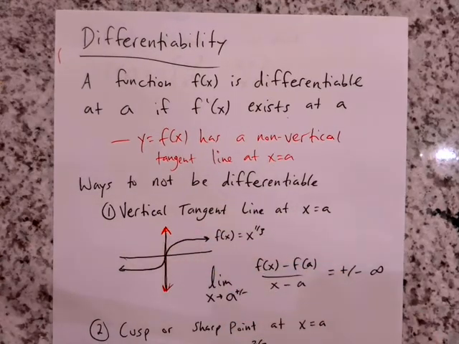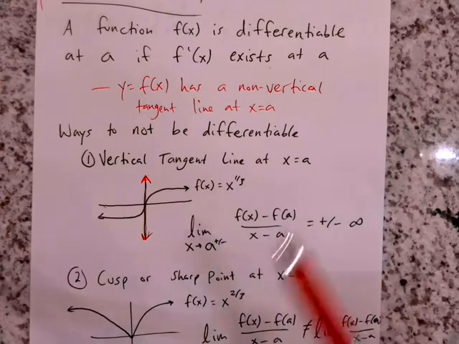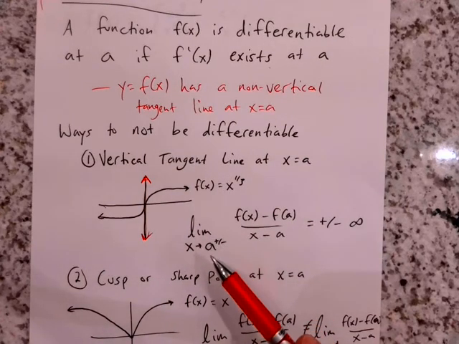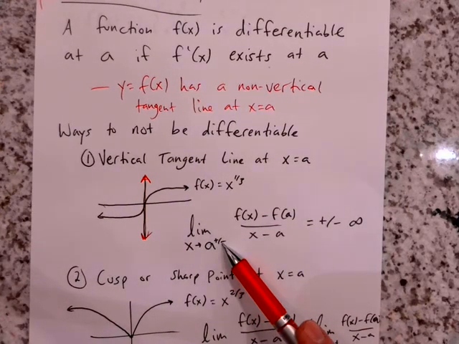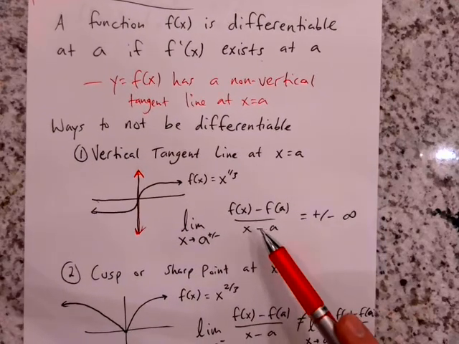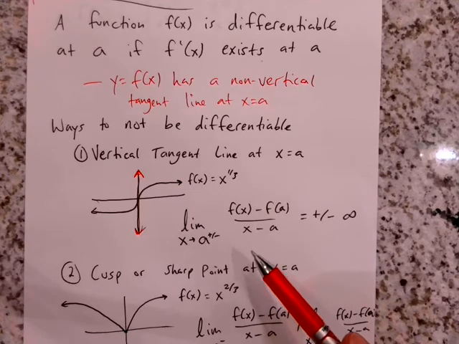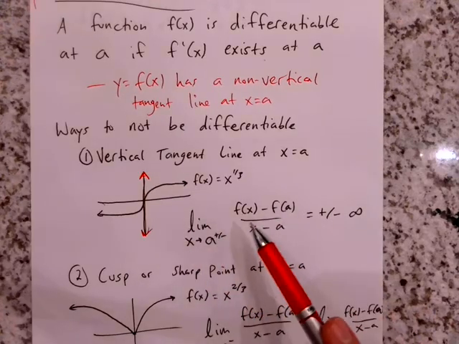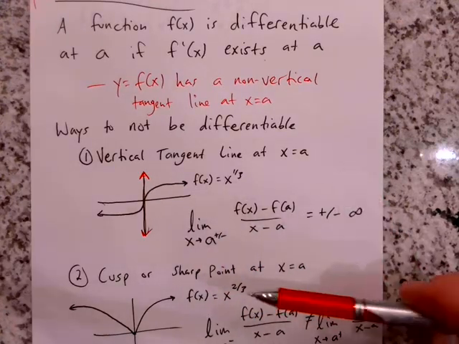And in some more formal terms using limits, this means that the limit as x approaches a from the right or the left side of the slope, this is the difference quotient that gives us slope, whose limit gives us the derivative. This limit is either positive or negative infinity.